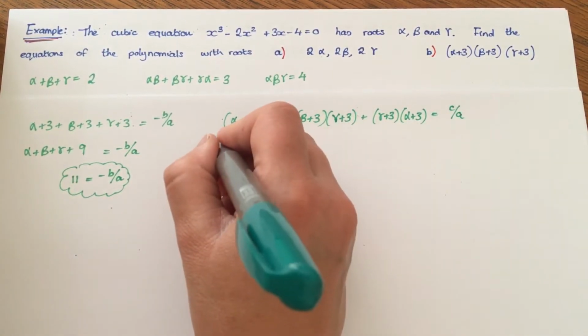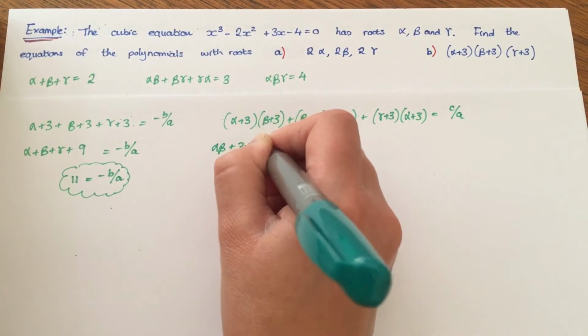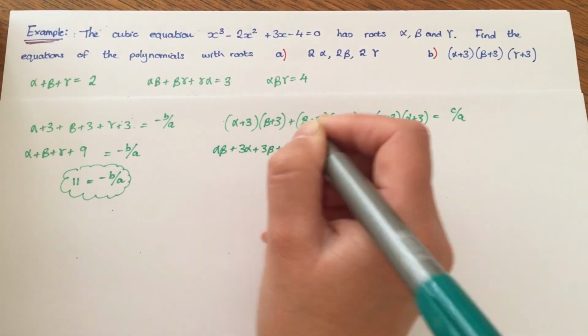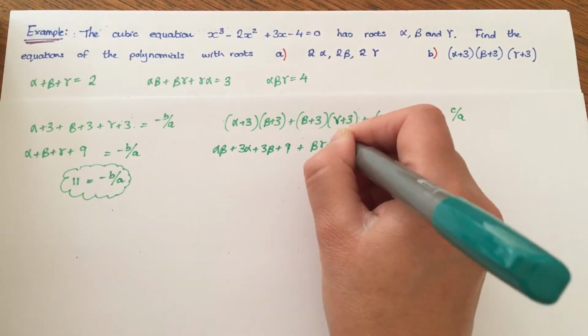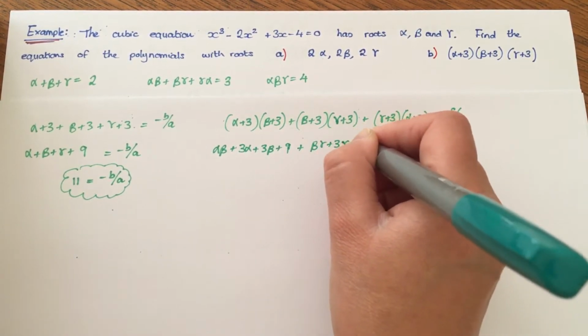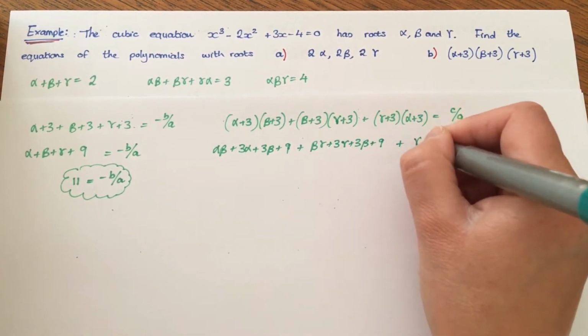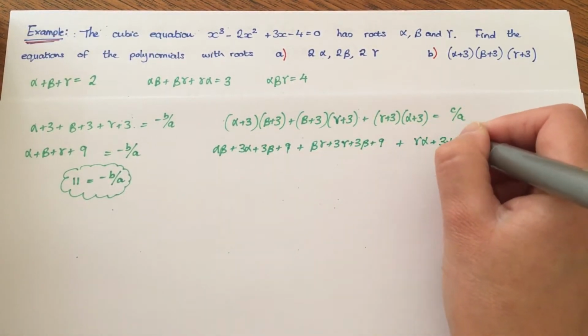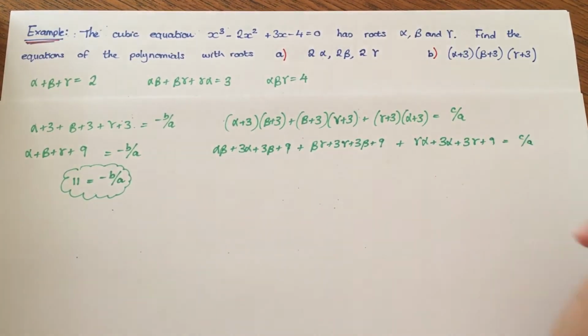So what have I got? Alpha beta plus 3 alpha plus 3 beta plus 9, plus beta gamma plus 3 gamma plus 3 beta plus 9, plus gamma alpha plus 3 alpha plus 3 gamma plus 9. What does that work out to?